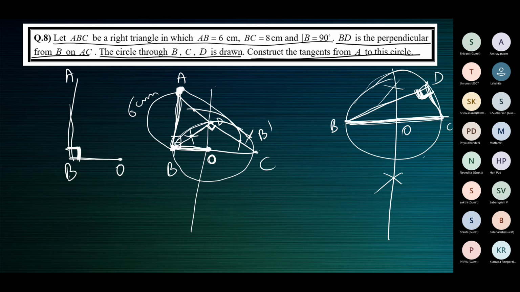That will be B dash. Now join AB dash. So AB and AB dash are the required tangents to the circle from the external point A, and they measure 6 centimeters. We did that just because we know AB is 6. We did not find it in a different way. It's already given that AB is 6 centimeters.